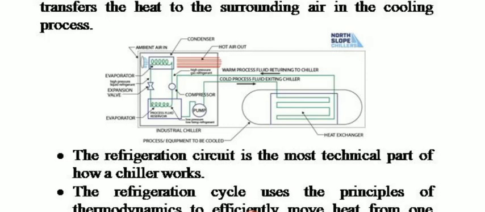It is in the evaporator that the process fluid will interact with the cold refrigerant. So the heat is removed from the fluid and transferred to the refrigerant. The refrigerant will then enter into the compressor and the cycle begins once again. So this is how the chiller works.